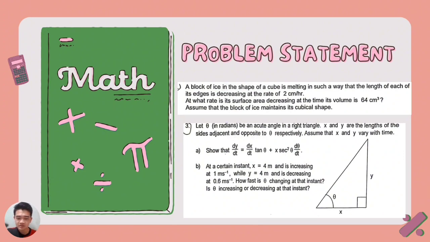B. At a certain instance, x equals 4 meter and is increasing at 1 meter per second while y equals 4 meter and is decreasing at 0.6 meter per second. How fast is theta changing at the instance? Is theta increasing or decreasing at the instant?